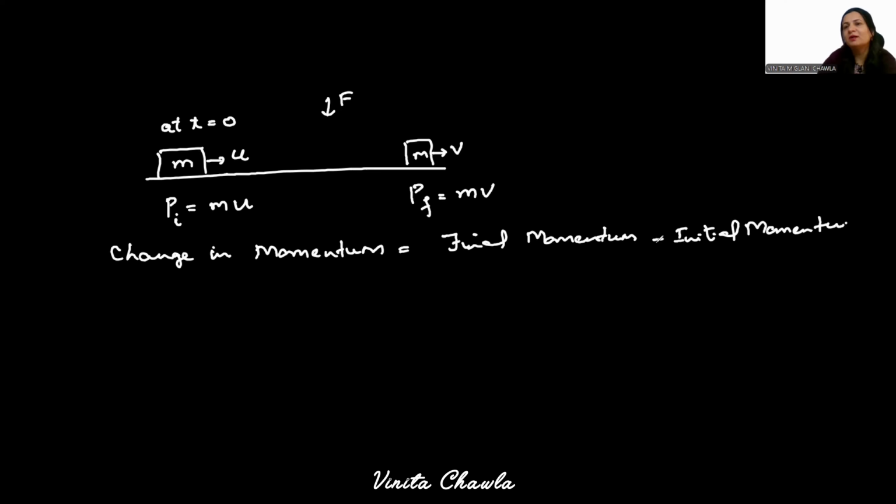So final momentum minus initial momentum is the change in momentum. The final momentum is mv, so write mv, and then the initial momentum is mu, write mu. Take m common. In the bracket we have v minus u. So change in momentum is m into v minus u, or we can write this as mass into change in velocity. You can write it like this as well.